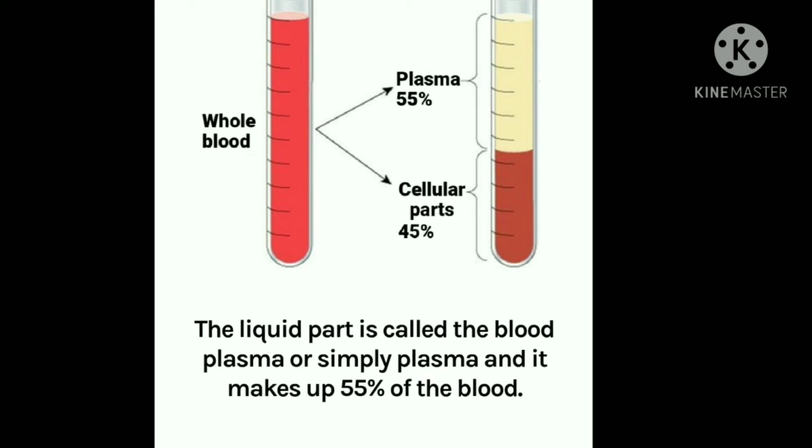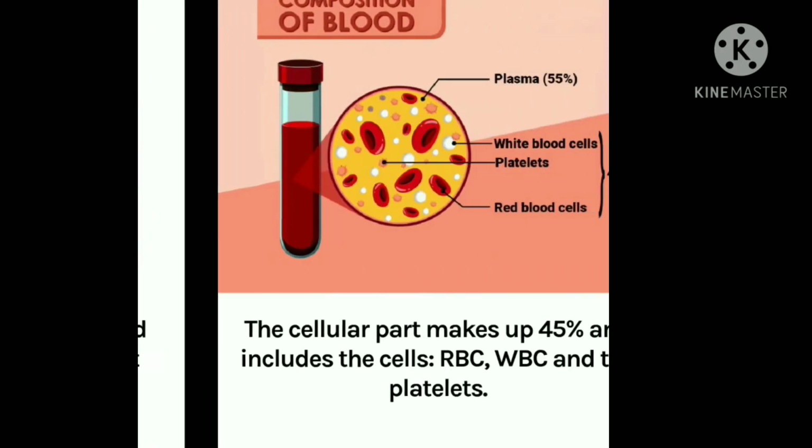The liquid part is called the blood plasma, or simply plasma, and it makes up 55% of the blood. So here you are able to see, if we consider this is 100% blood, then there is 55% plasma and 45% cellular part.